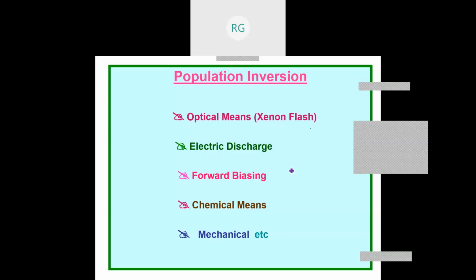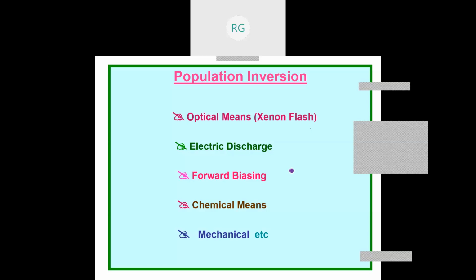Population inversion means having more atoms in the excited state than the ground state, and this can be achieved by pumping atoms from the ground state to the excited state with an external energy source.